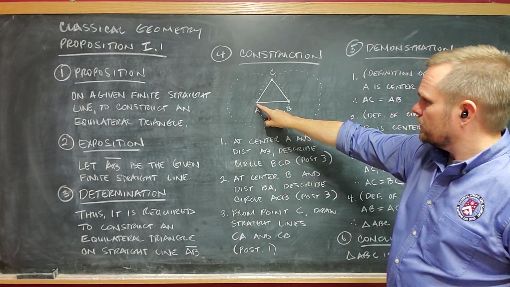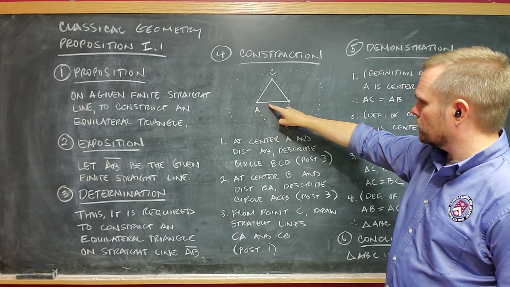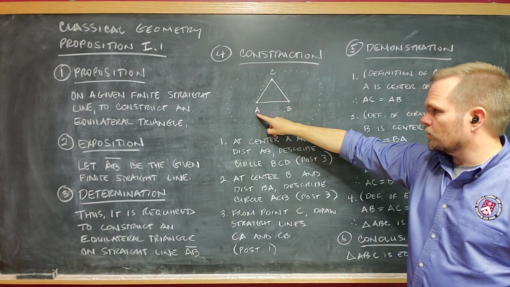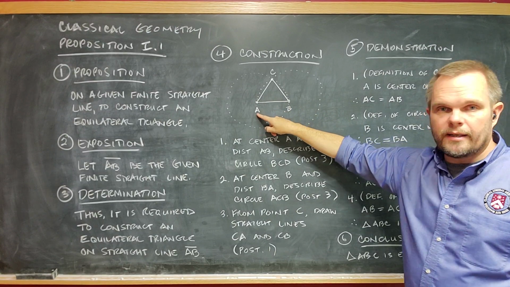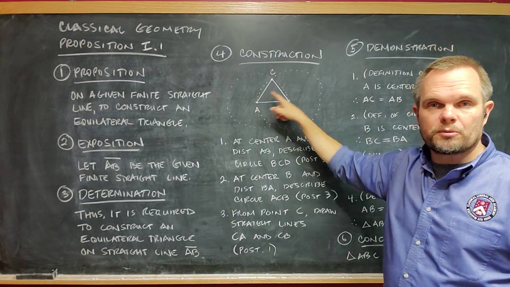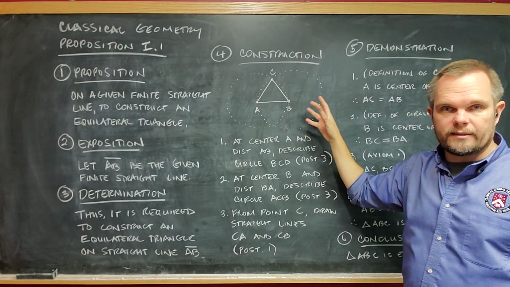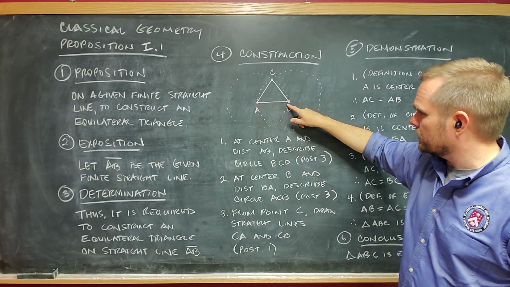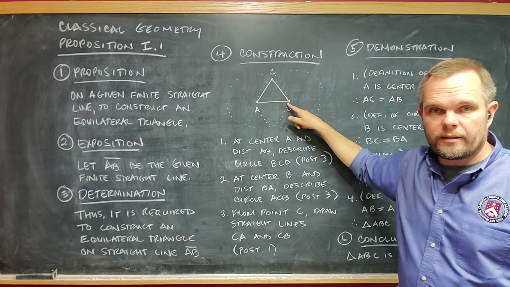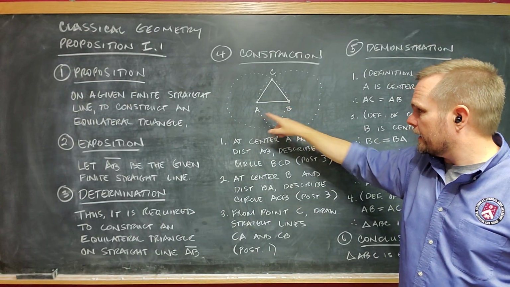So what I did to get the construction started was I drew the straight line AB. You can see that we name a straight line by its points, by the points at its ends or bounds. So this line here is the given finite straight line AB.